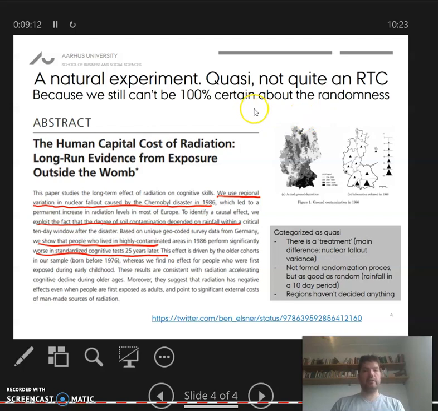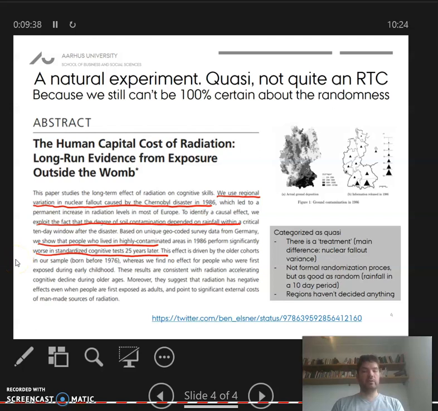What we do notice here in this example that we saw in Study Cafe 1, is that there was variation in the amount of nuclear fallout caused by the Chernobyl disaster, and there was this regional variation. And the regional variation depended on rainfall. It turns out that depending on how much rain a given area got, it got more nuclear fallout, and this then leads to variation in standardized cognitive tests 25 years later.